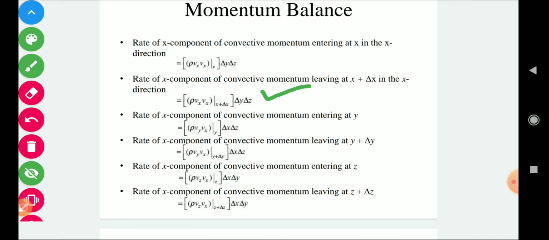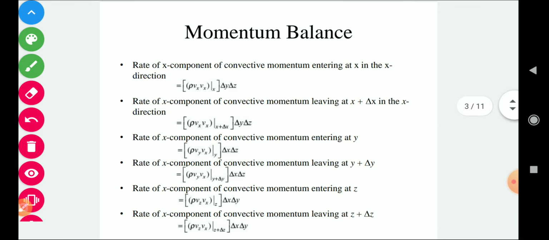Now, the rate of x component of convective momentum entering at y. So convective momentum is rho vx in x direction. Similarly, in y direction it will be equal to rho vy, this is velocity in y direction, into vx at y. Now the area is delta x delta z.